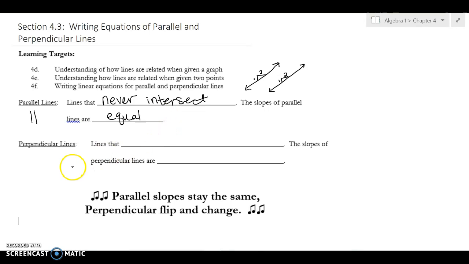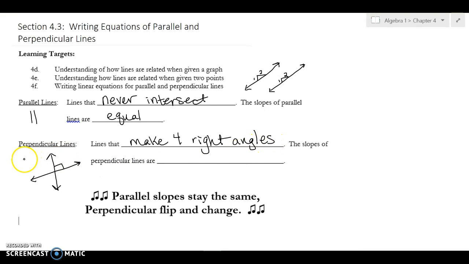Remember, perpendicular lines are lines that look like this, and they form a right angle right here. So lines that make 4 right angles.